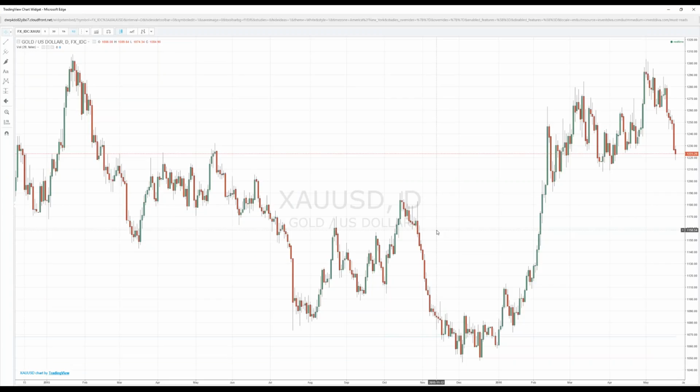So what are we expecting from gold on a US dollar basis? Well, that is exactly what we're expecting from US dollar, but in the opposite direction. So right now with the US dollar, we are expecting a rate hike from the Fed in June. And because of the speculation right now, the US dollar is getting more and more stronger.